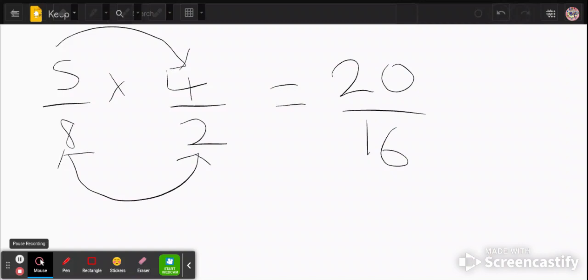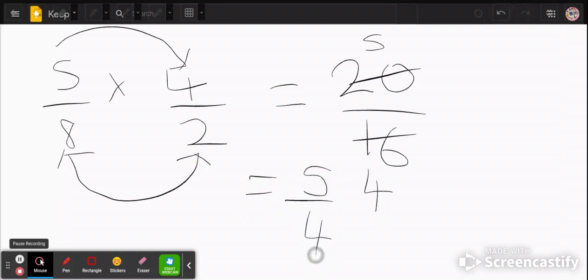So 20 over 16. We can reduce this fraction by breaking it down by 4. So 4 into 20 goes 5 times, 4 into 16 goes 4 times, which can also be written as 5 over 4. And if you wish, you can convert this into a mixed fraction.